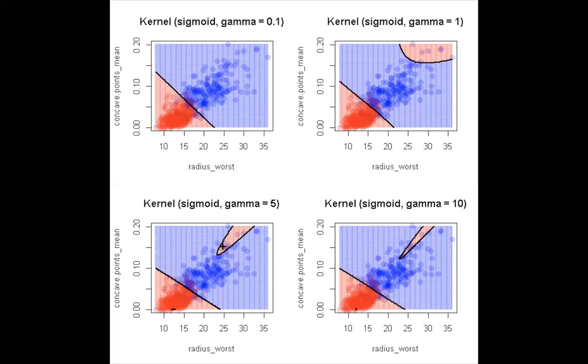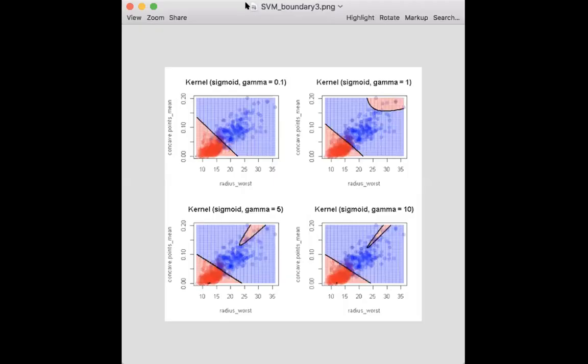You can see that, of course, it's making mistakes in this region. So if you apply the sigmoid kernel function, you are not going to be doing well if your gamma parameter is quite large.